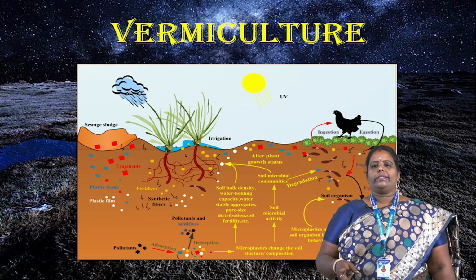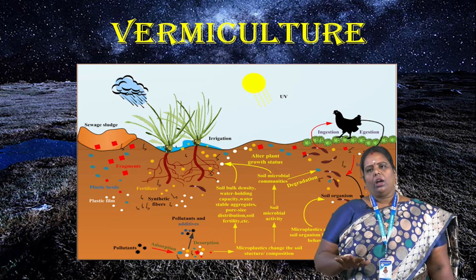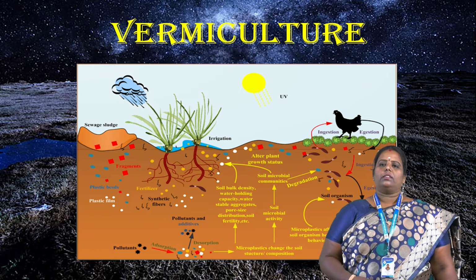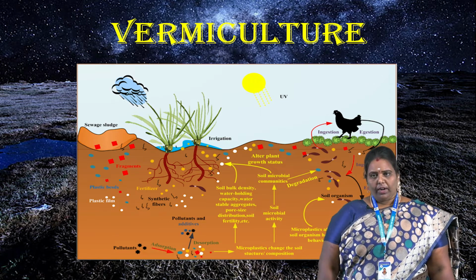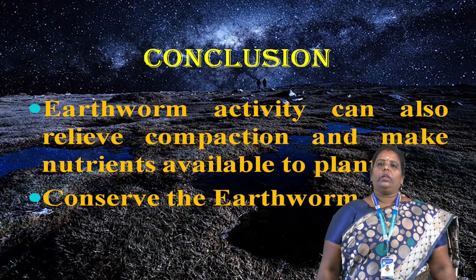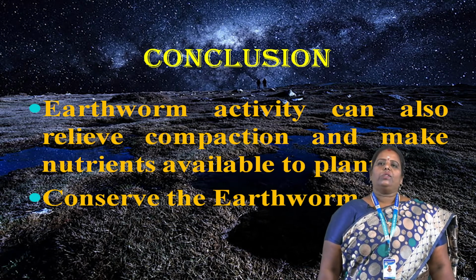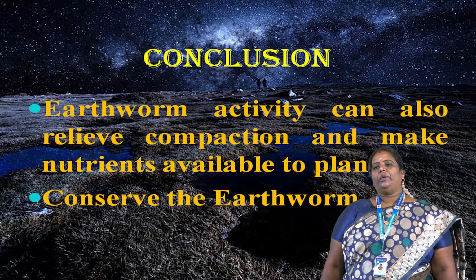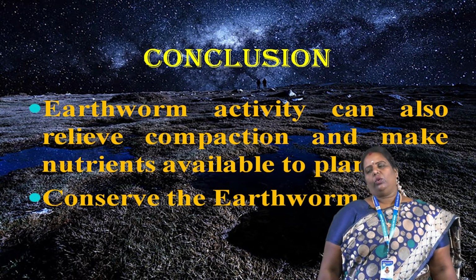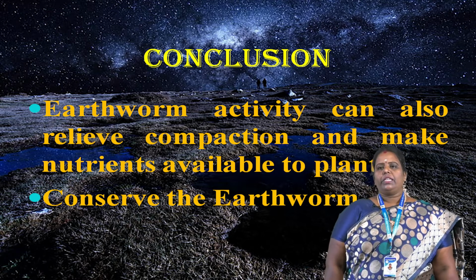What are the uses for the plant and the soil matter, the good soil? This is a cyclic process involving groundwater and polluted water as well. Next, our studies concluded that earthworm activity can relieve compaction and make nutrients available to the plant. So we have many beneficial uses of the earthworm.